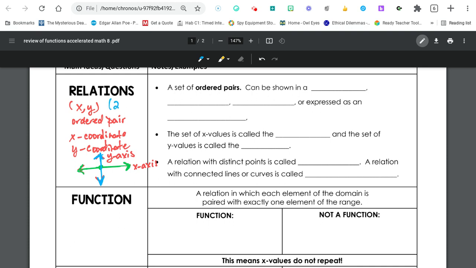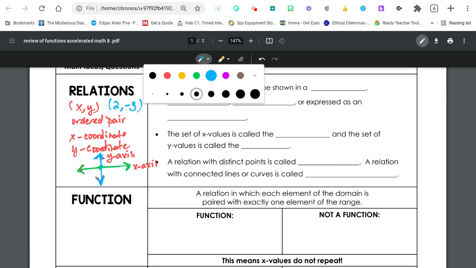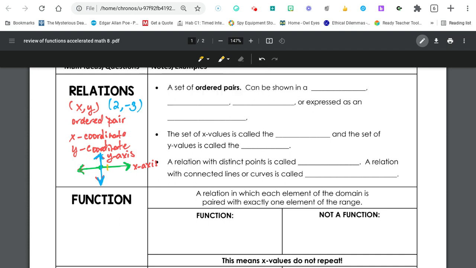Suppose you had 2, -3. Then you could go to the right 2 units, and down 1, 2, 3, and plot a point. That would be something like the point 2, -3 as an example. Okay, that's an ordered pair. But a relation is a set of ordered pairs. In other words, it's like more than one.